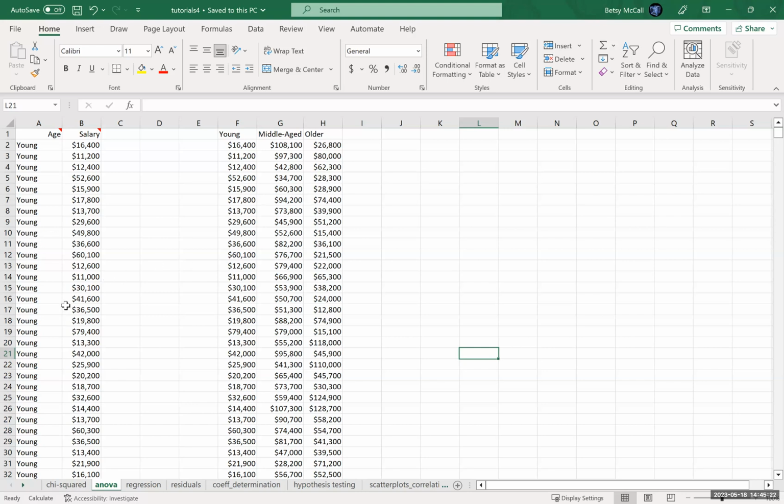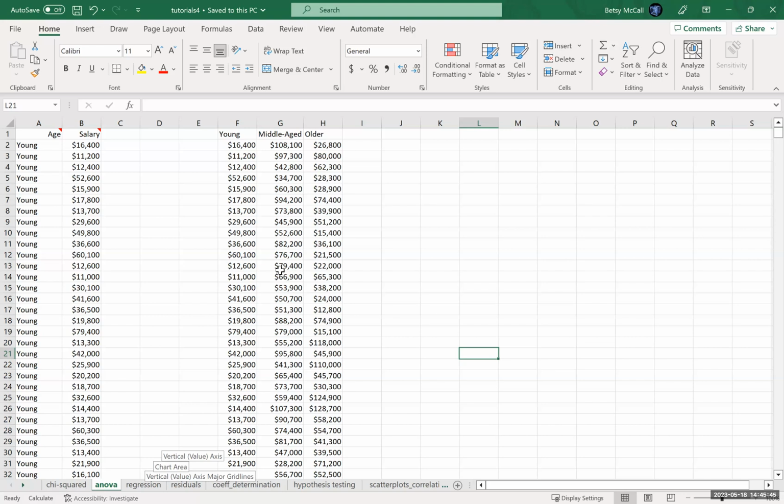And so what I've done here with this data is I've sorted it already, and I have copied and pasted. Then I have 3 categories: young, middle-aged, and older people. And then I've copied the salaries, literally scrolling down until I run out of young, and then copying it into this column.